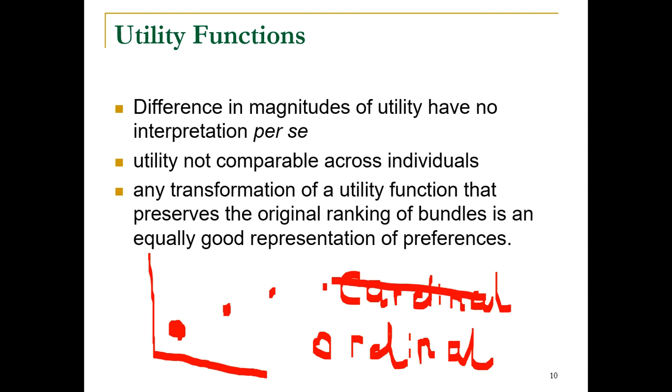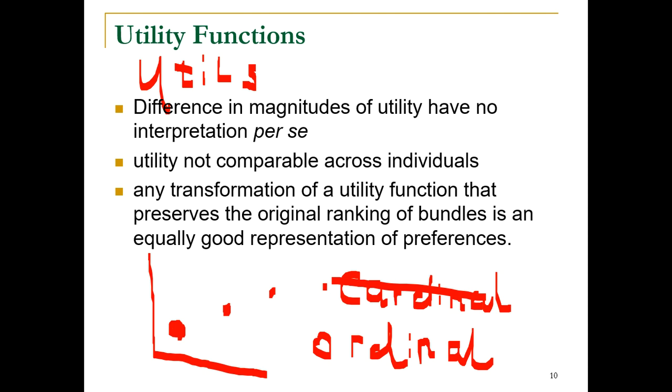We cannot properly say that I derive 20 utils. The measurement for utility is called utils. Using the ordinal approach, we cannot specifically measure and report that I derive 20 utils from the consumption of sugar and 10 utils from the consumption of salt.